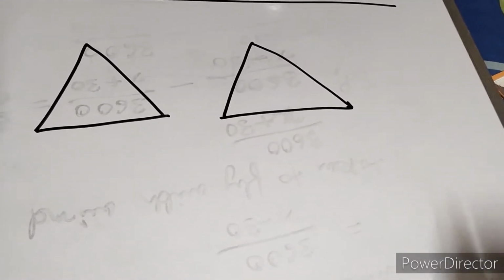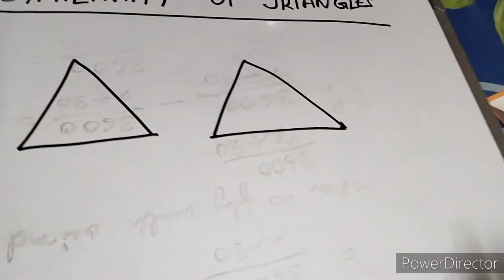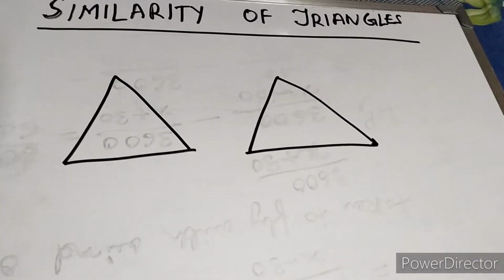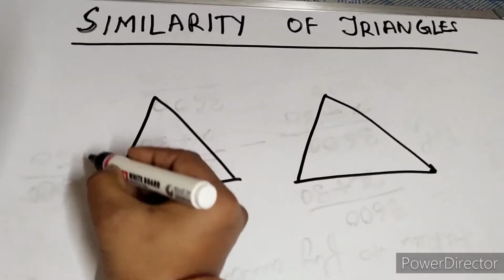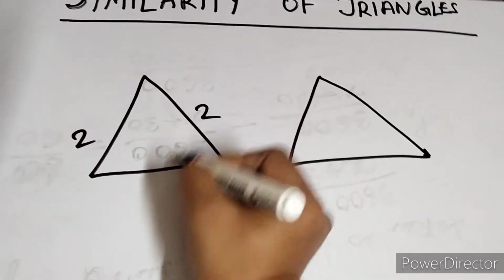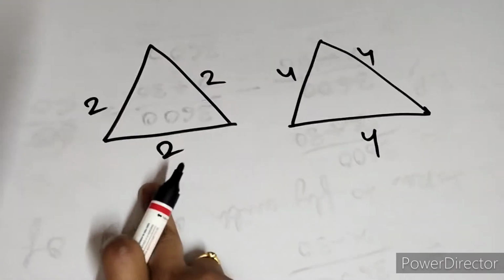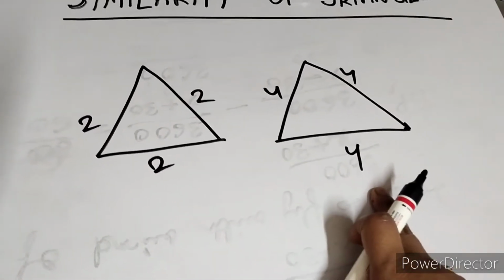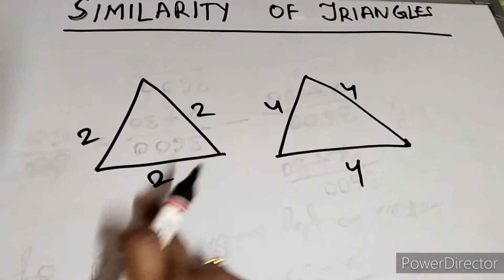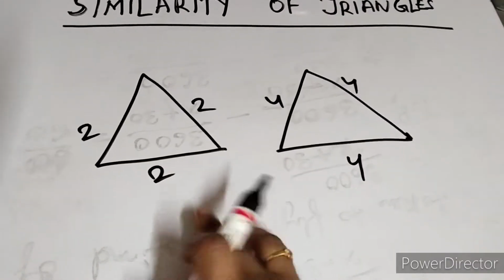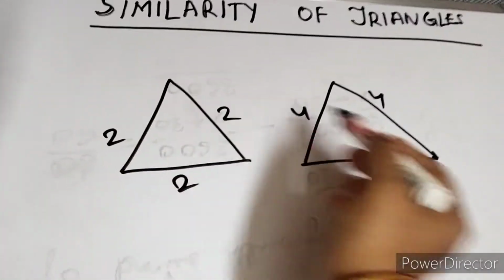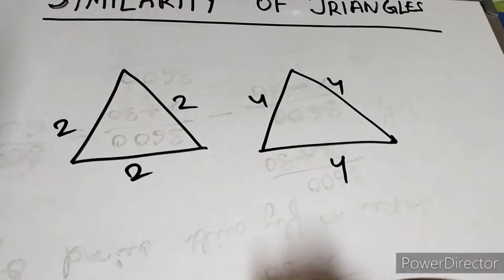So the difference is about the size. Similarly with triangles, suppose this is 2, 2 and 2, and this is 4, 4 and 4. This is an equilateral triangle and this is also an equilateral triangle, but their sizes differ in a ratio.